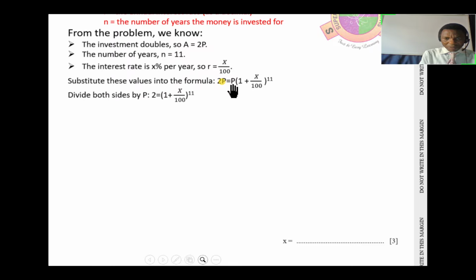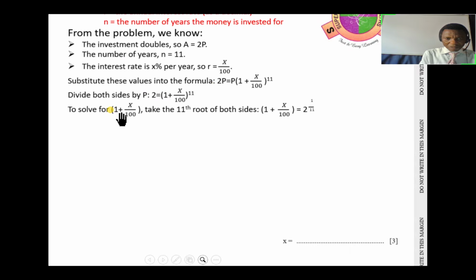Dividing both sides by P, we have 2 equal to (1 + x/100) raised to power 11. To solve, take the 11th root of both sides.